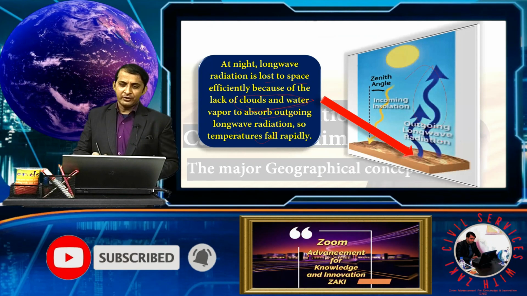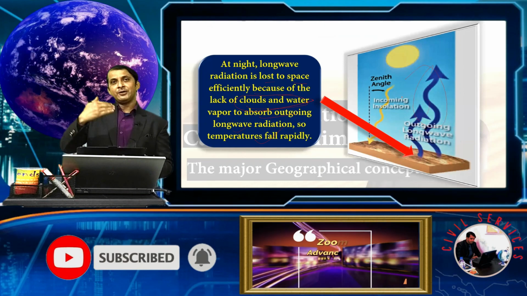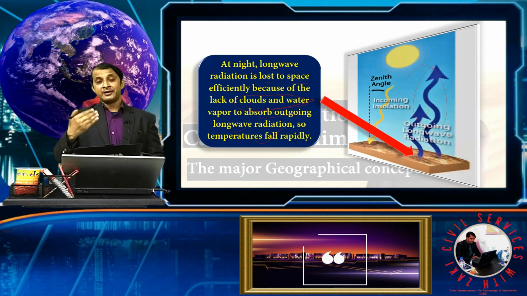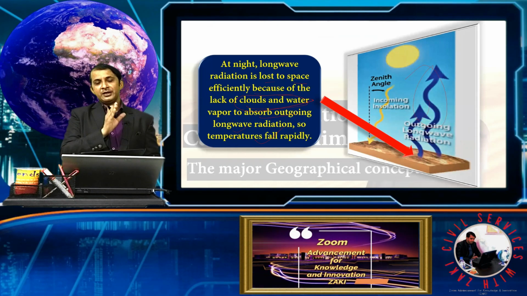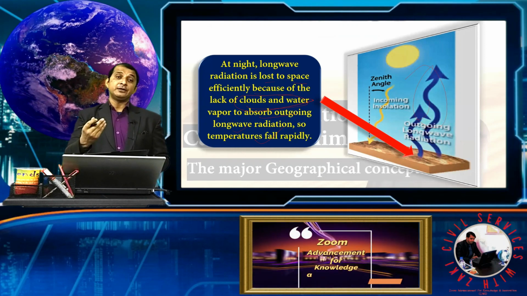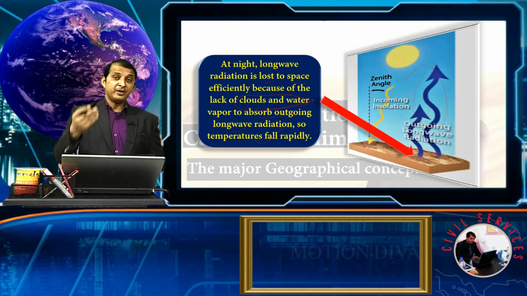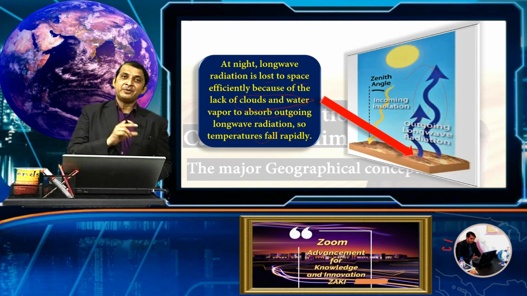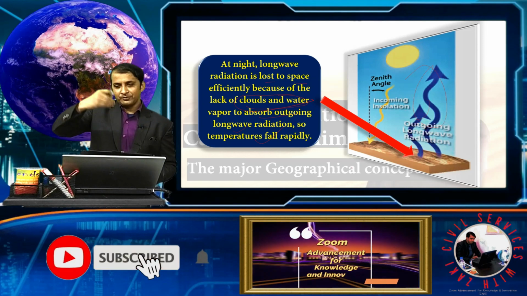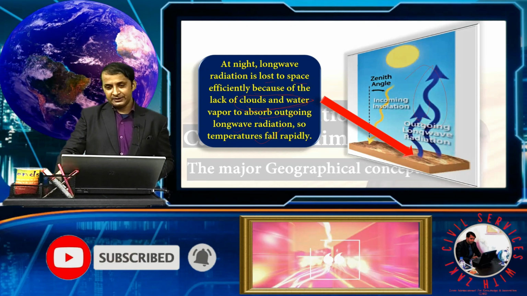So the temperature falls rapidly. If you go to the desert areas at night, the temperature falls rapidly, maybe to 1 or 2 degrees Celsius, or maybe 0. Those are the basic conditions in the desert area.